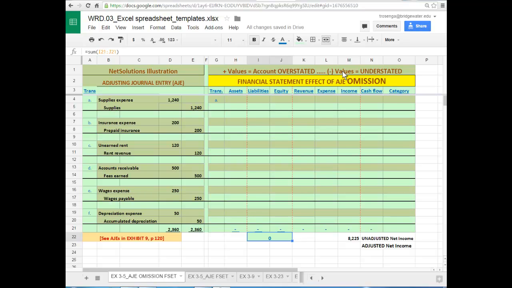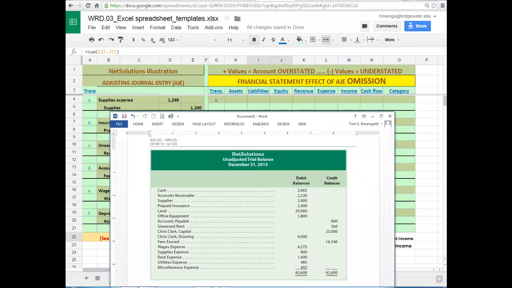The first journal entry indicates that supplies expense is increased and supplies are decreased because some of the supplies were used up. Specifically, from the unadjusted trial balance, which you'll find in Exhibit 9 on page 110 of your textbooks, the supplies account originally had $2,000 associated with it, and at the end of the period there were only $760 of supplies.